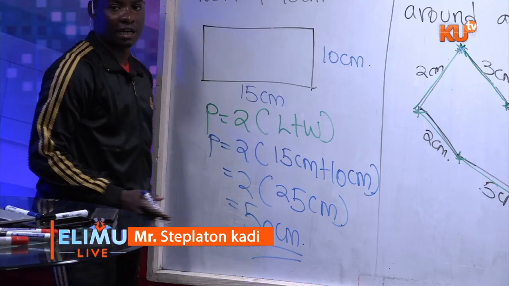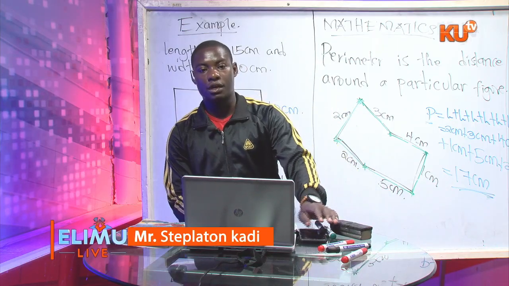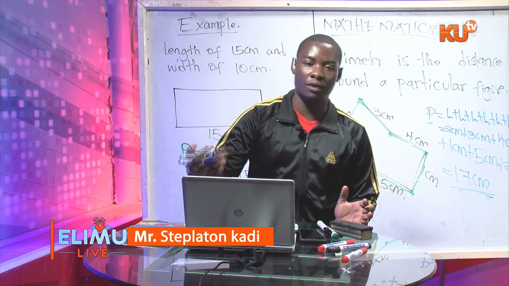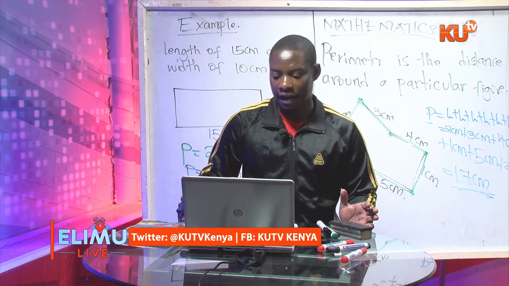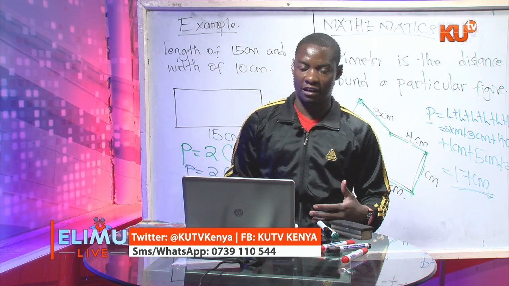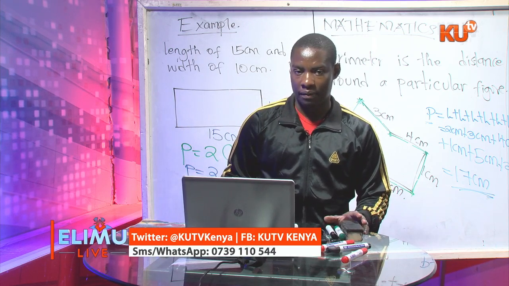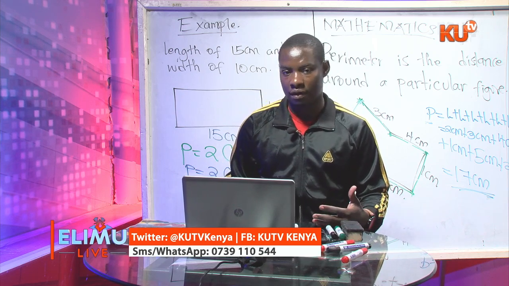So this is the perimeter of that figure. Now those are two examples. One was for an irregular shape. The other one was for a regular shape. The regular shape in this case was a rectangle. And for a rectangle, we have looked at some of the properties that help us in calculation of perimeter. One of the properties is that two opposite sides are equal.